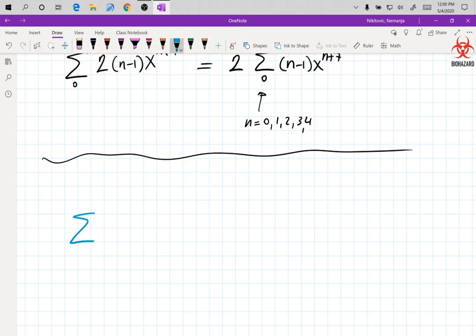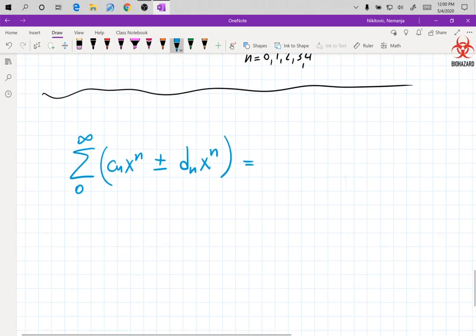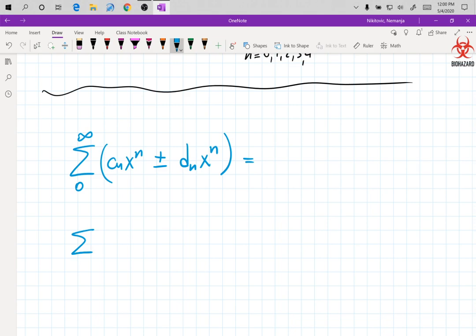So if you have a summation of Cn x to the n plus or minus dn x to the n, this is also written as the summation from 0 to infinity of Cn plus or minus dn times x to the n.